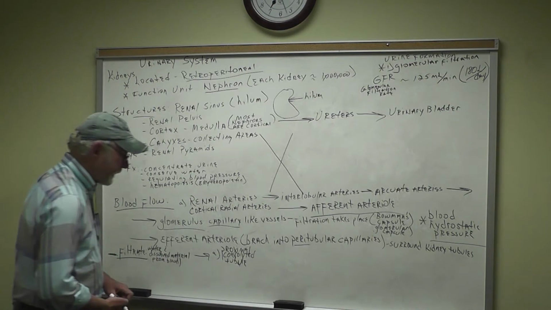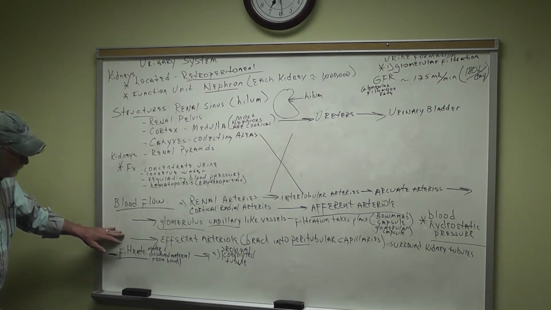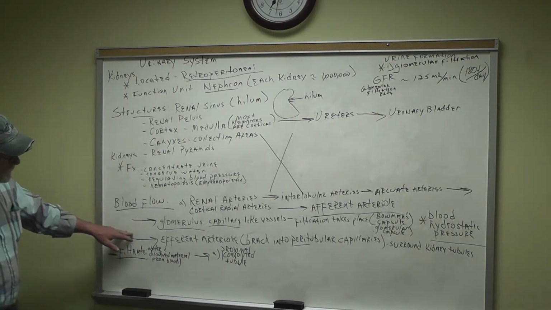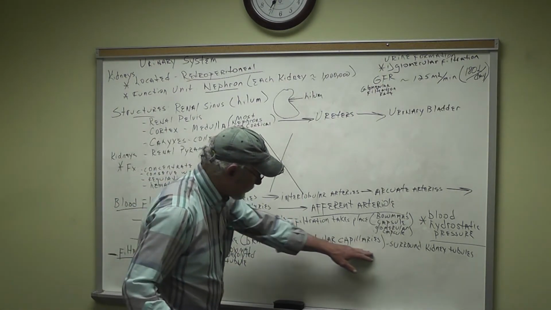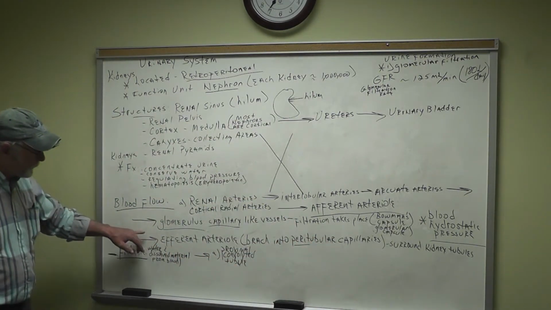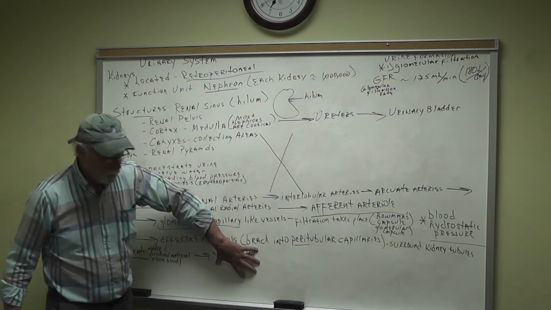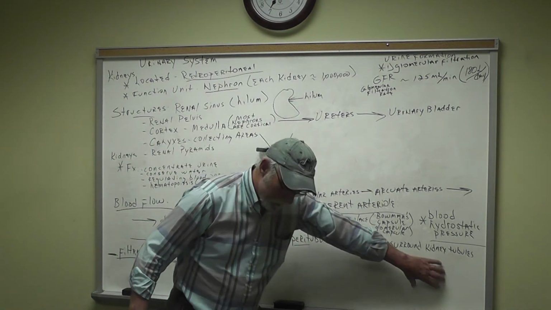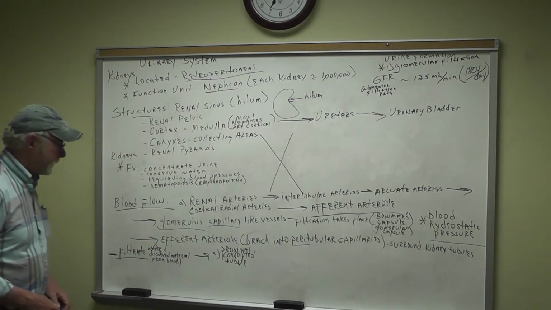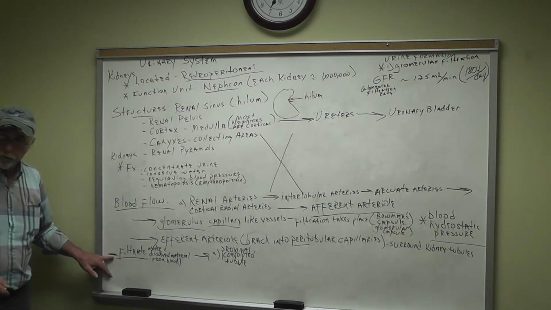You have to remember these peritubular capillaries that branch off the efferent arteriole surround not only this proximal convoluted tubule, but the others that we'll identify in a minute, where this filtrate is flowing through.